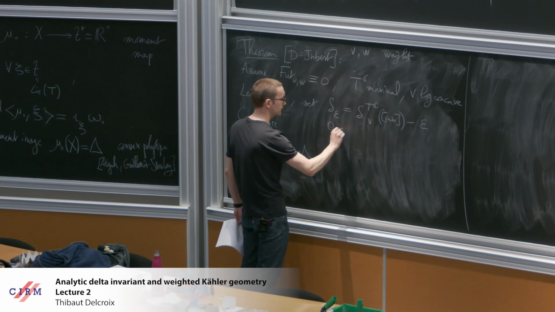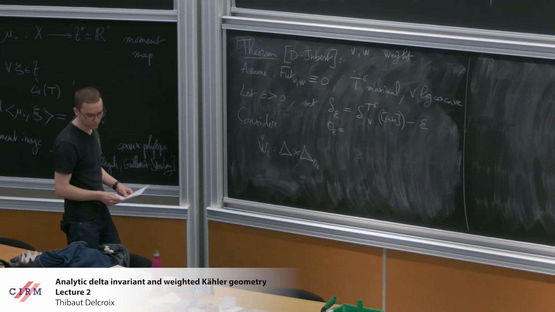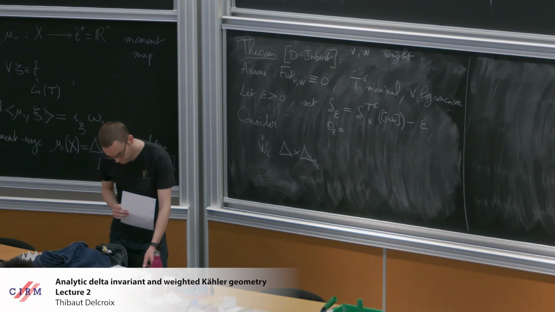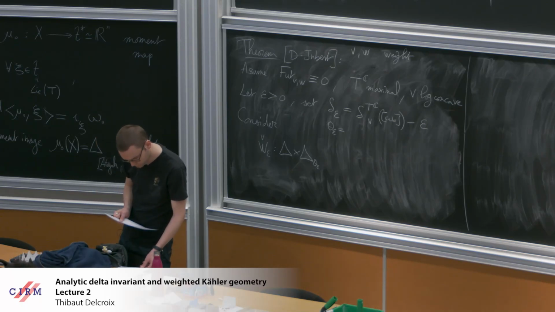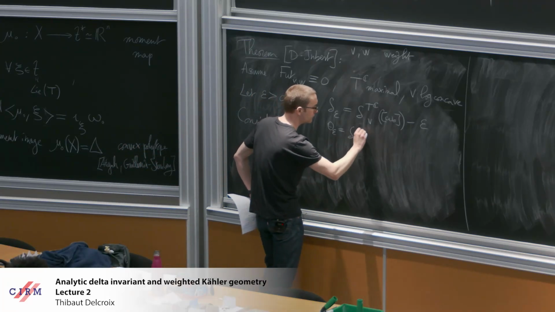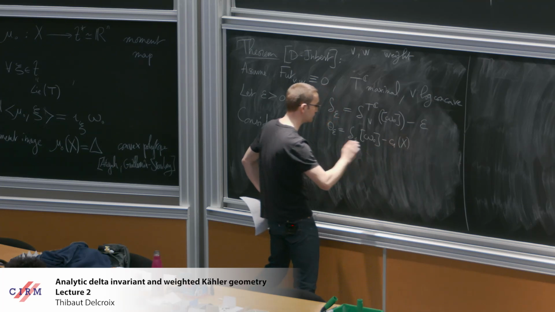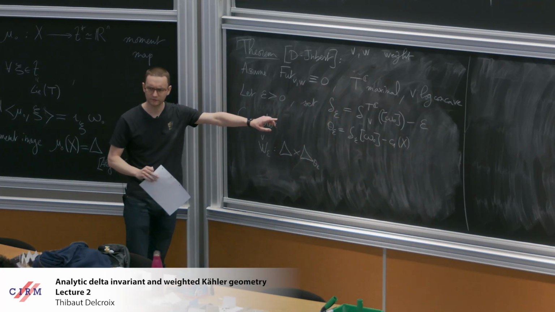I consider the Kähler class delta epsilon omega 0 minus C1(X). Sorry, I said Kähler maybe.